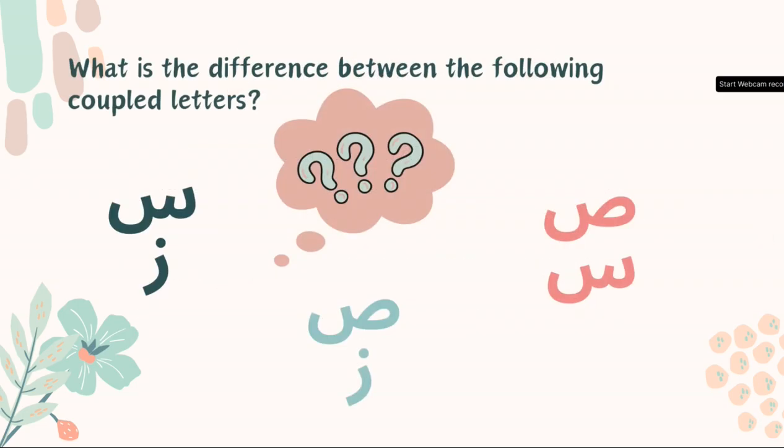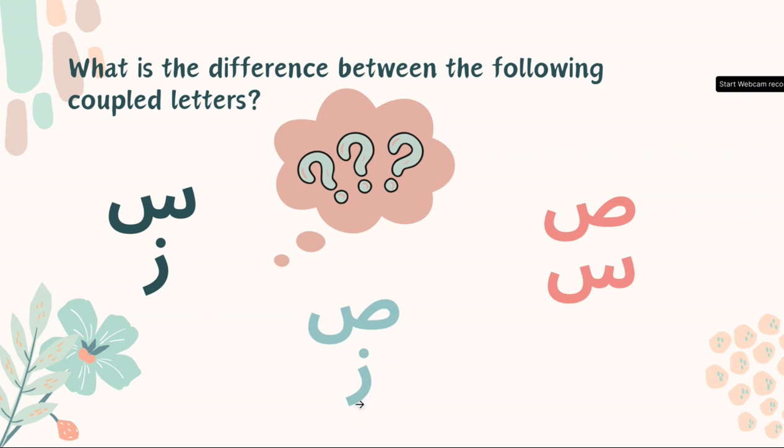Okay, now what's the difference between the following coupled letters? The Sod and the Sin, for example. The most important thing is that the Sod has itbaq and it's elevated, while the Sin is not. What about the Sod and the Z?